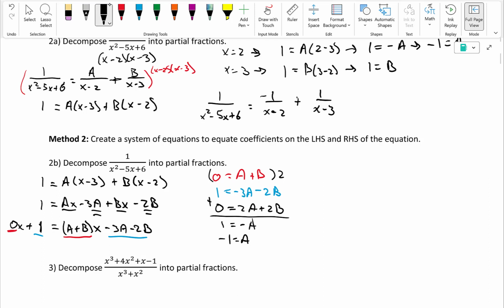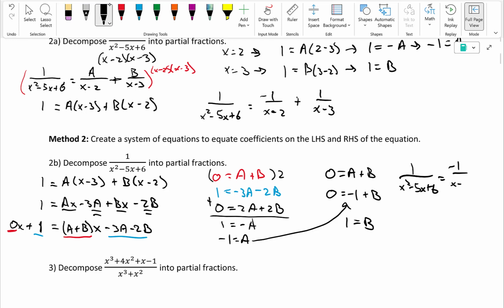And then we've got 0 equals A plus B. We could plug back in anywhere, but the simplest one's the best. We get 0 equals negative 1 plus B when we sub in that A we just found, which gives us 1 equals B. So then the same decomposition there, right? The 1 over x squared minus 5x plus 6 equals negative 1 over x minus 2 plus 1 over x minus 3.